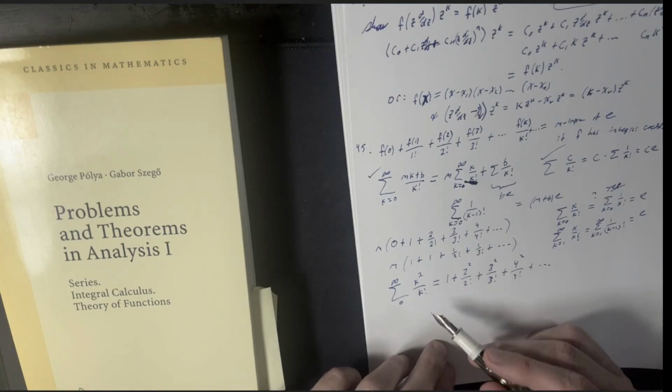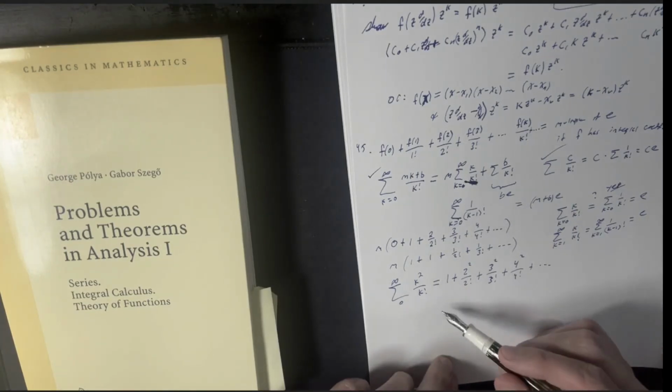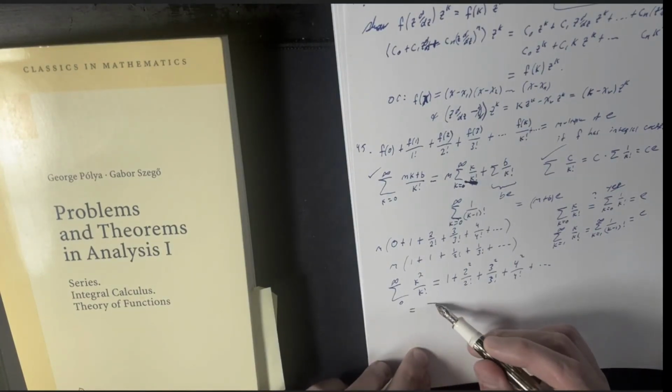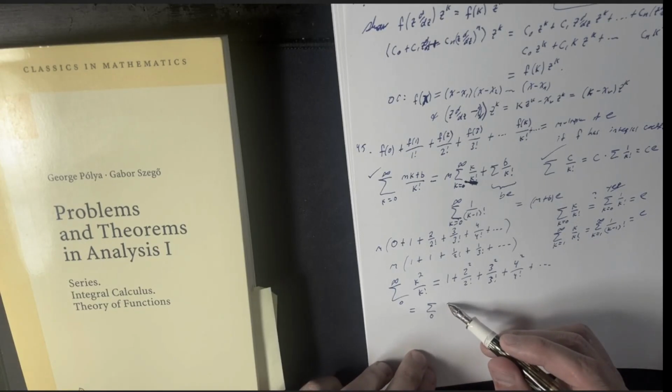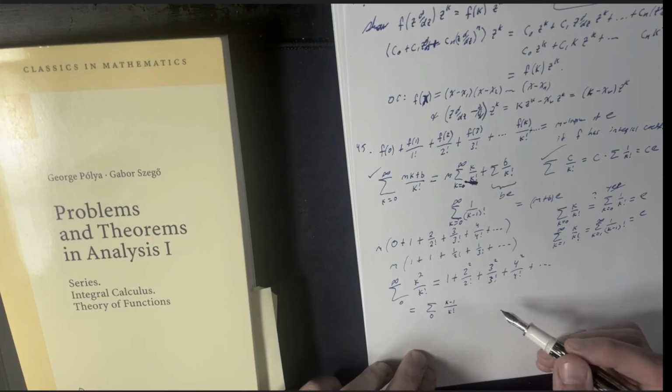And I can't just cancel it, but I get k over k minus 1. Like the first term went away. If you wanted to reindex this, that's fine. But you're still going to get, what is it, k minus 1 over k factorial? Something like that.